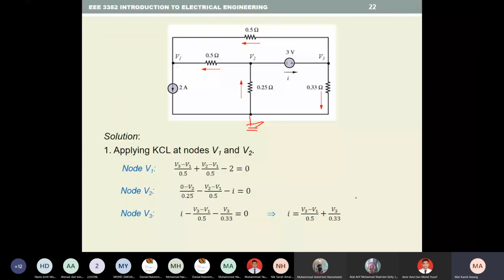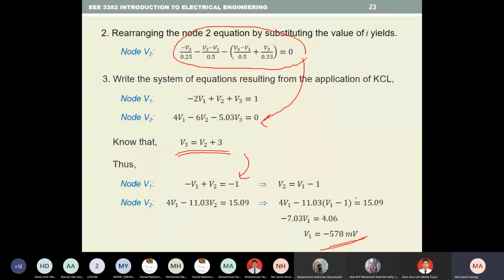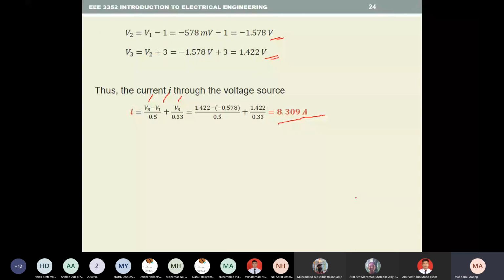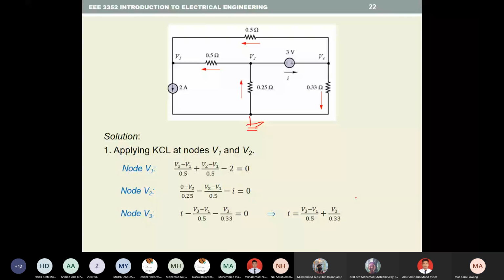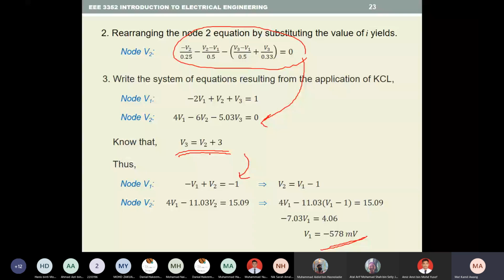So you will not get marks if you just say, okay, I is equal to 8.309, without going through all this process: identifying the nodes, setting up the equation at the nodes V1, V2, V3 using KCL, without doing the simultaneous equation solution. So if you don't follow this process, you will not get marks.